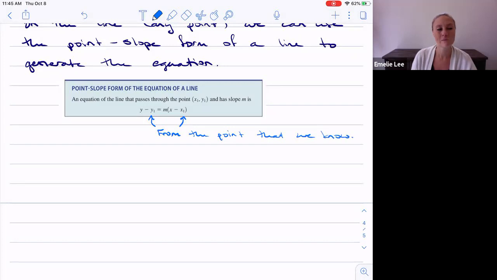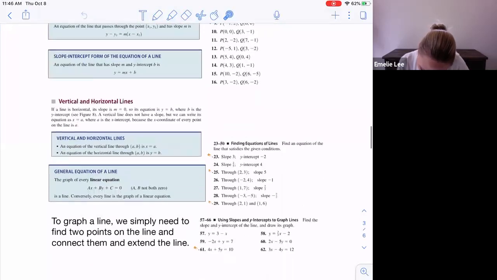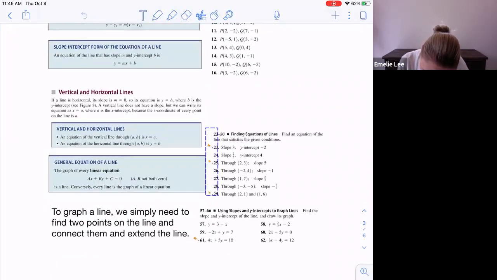Then, if we know these things, we can solve for y and mold it into y equals mx plus b. But before we do that, I just want to go through an example.